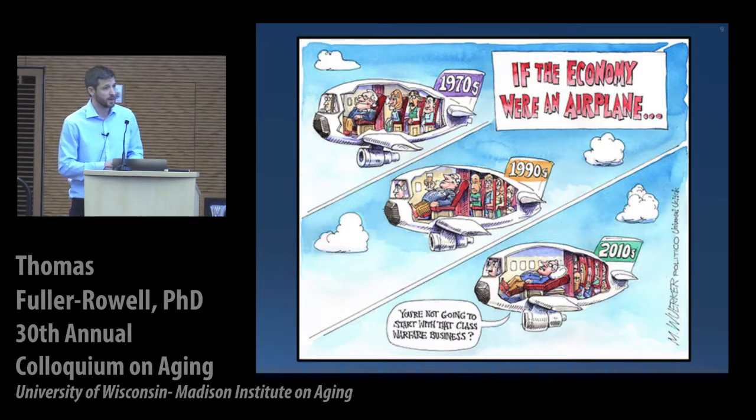The back of the plane, when we looked at income and wages, has actually remained relatively stagnant. So based on the data we've just looked at, it might be a more accurate depiction to show the back of the plane staying the same over time, while the front of the plane has grown increasingly large.